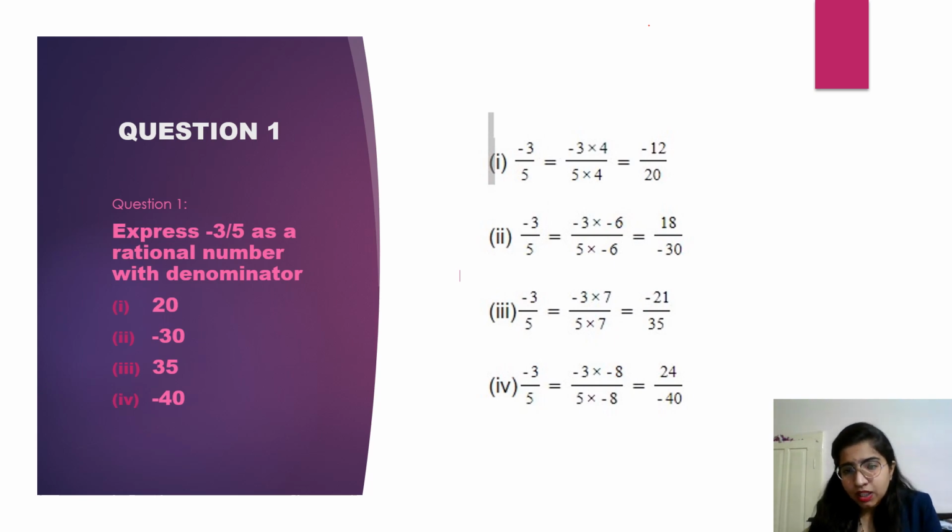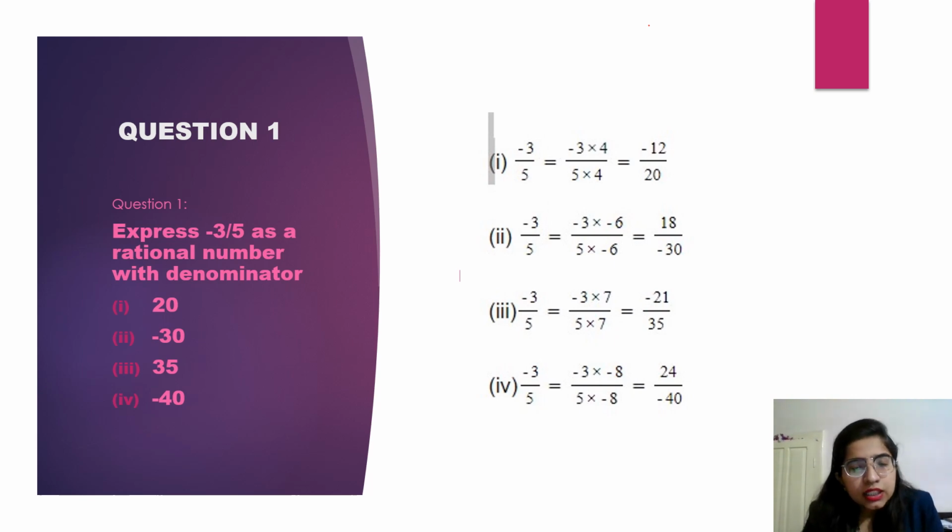If I multiply 5 with 4, then minus 3 also will be multiplied with 4. Like see on the screen, minus 3 by 5. I have to make 5 as 20. To make 5 as 20, I'm multiplying 5 with 4, and you have to do the same thing with minus 3. Minus 3 will be multiplied with 4.